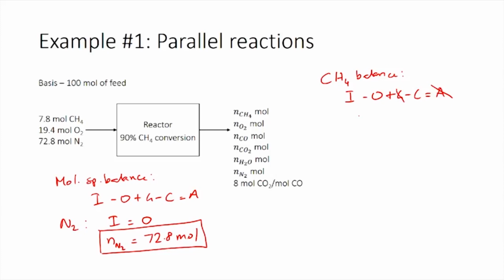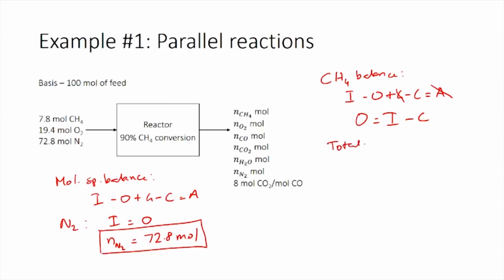So, the equation for output is input minus consumption. Input is already known, so we just need to calculate the consumption. Methane can technically be consumed by both reactions. So, reactions 1 and 2 both consume methane, and it has been told that the total consumption of methane is 90%, which is the conversion of methane.